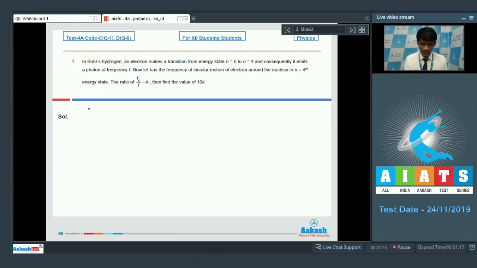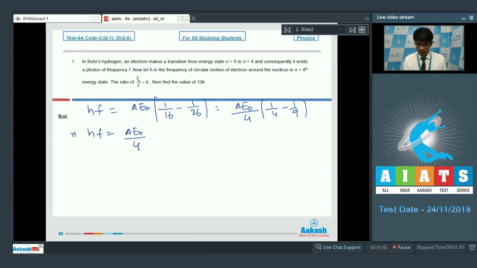So let f be the frequency. h into f would be equal to delta E naught into 1 by 16 minus 1 by 36, or it will be delta E naught, here 4 will be taken as common, that means it is 1 by 4 minus 1 by 9, or hf would be delta E naught 4 and this is 5 divided by 36. This is the calculation for the frequency of the emitted photon.